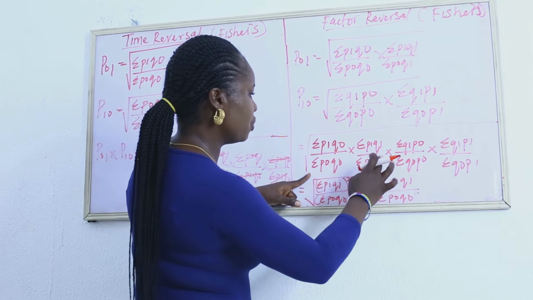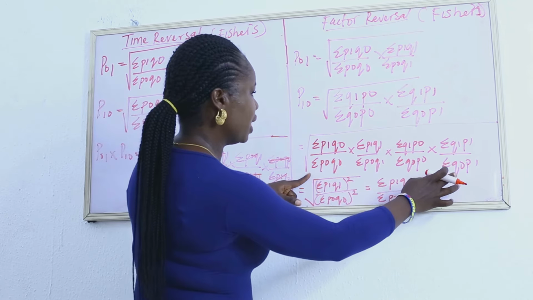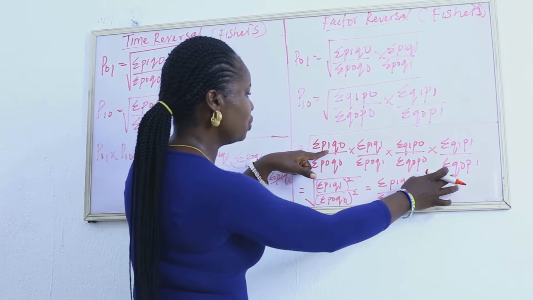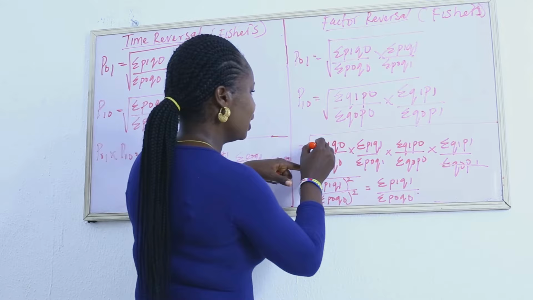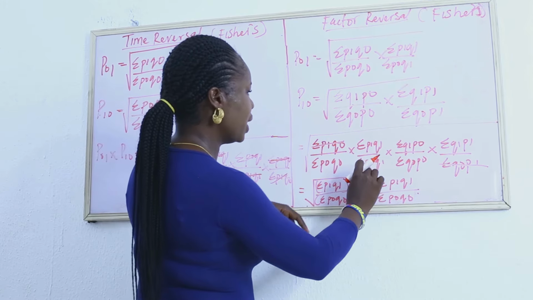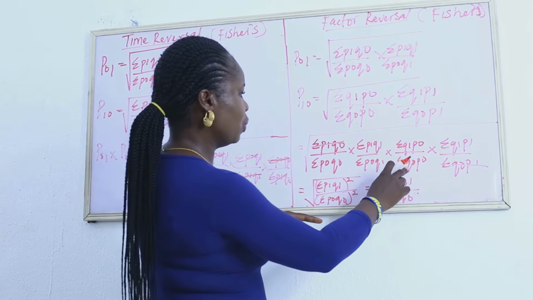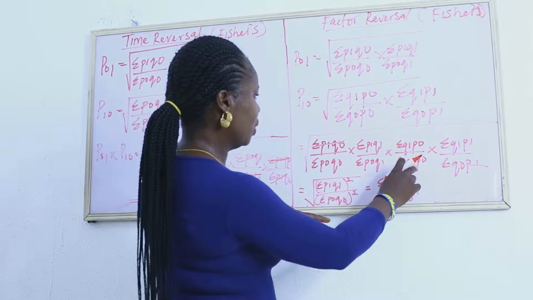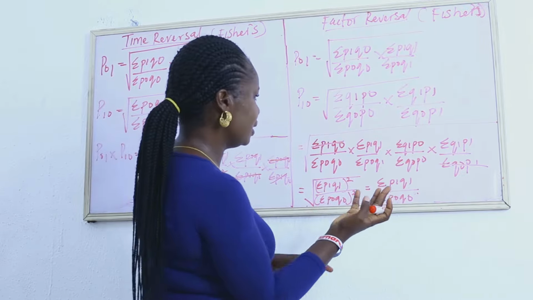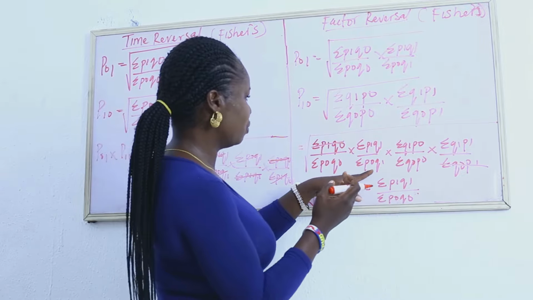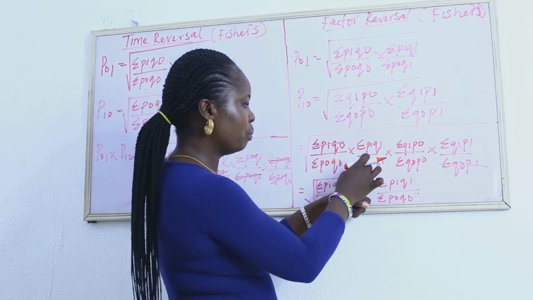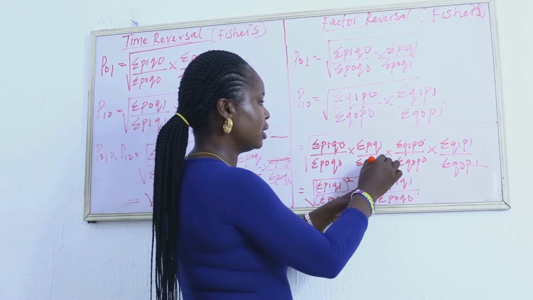Do we have P0 Q0 on the board? We have Q0 P0. So this crosses this out. Then do we have P1 Q1? Yes, this is P1 Q1 and this is Q1 P1. So this cuts this out.